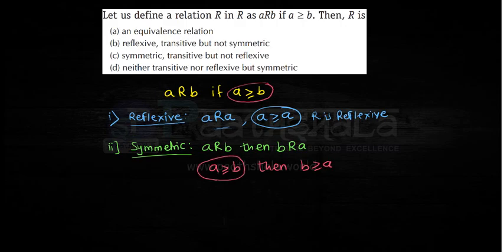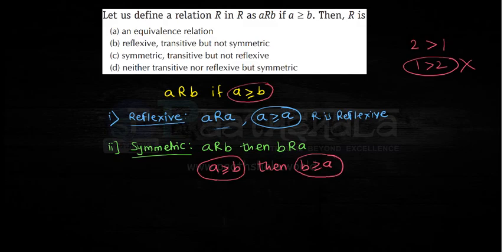Let's say A is 2 and B is 1. So 2 is greater than 1. But if we consider 1 is greater than 2, this is not true. This is incorrect mathematically. It means that B greater than or equal to A is not true.